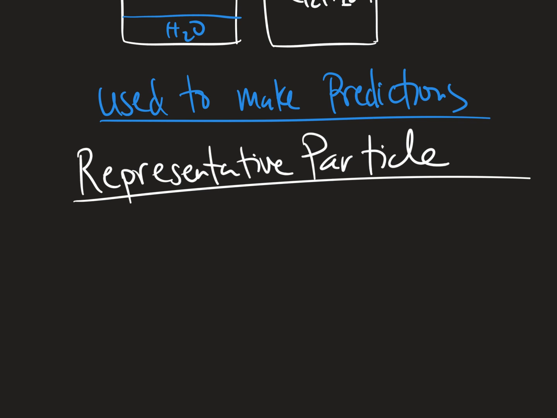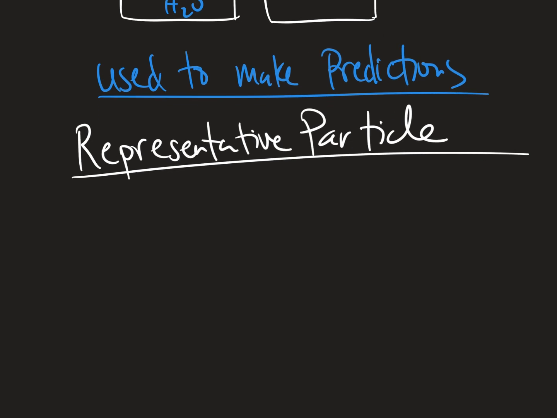And really there's two main ones. We might use three, okay? So one type are atoms. Atoms represent the particles for elements, or of elements.